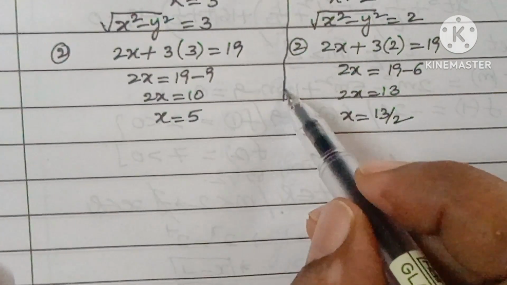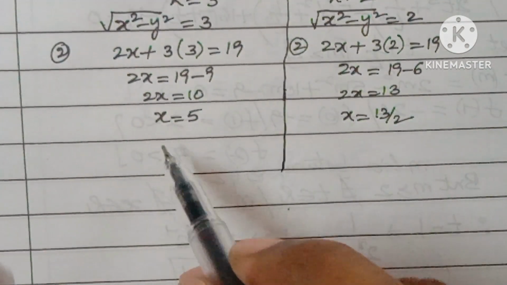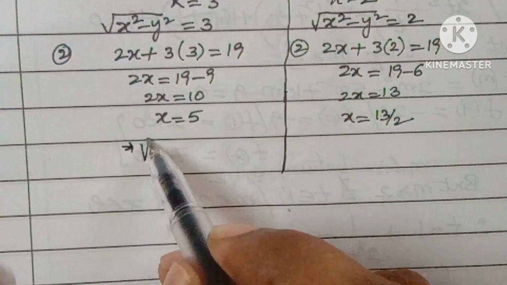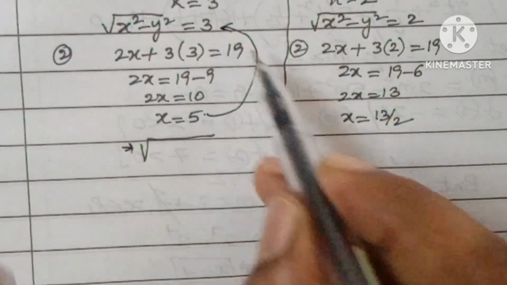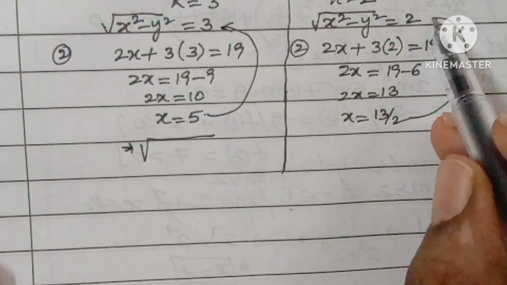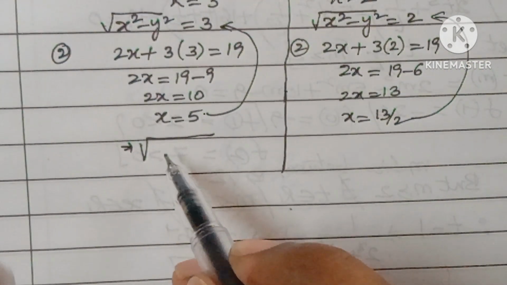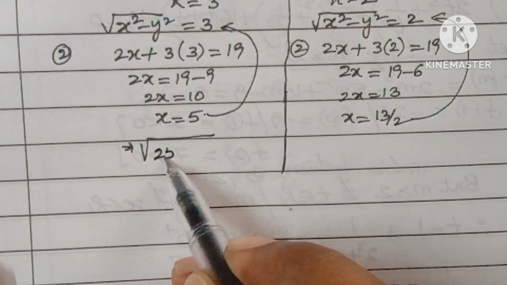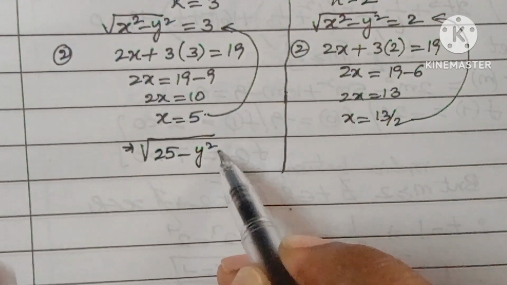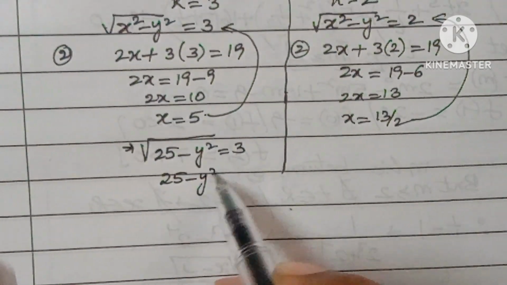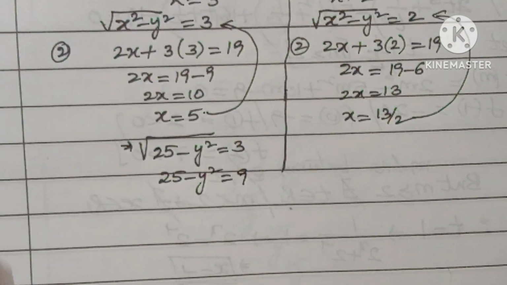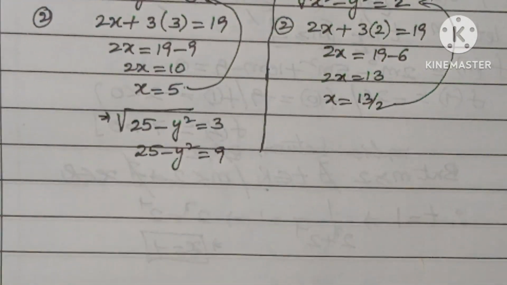Now if you replace this in the k value, replacing x here, √(25 − y²) is equal to 3. 25 minus y square is equal to 9, squaring on both sides.